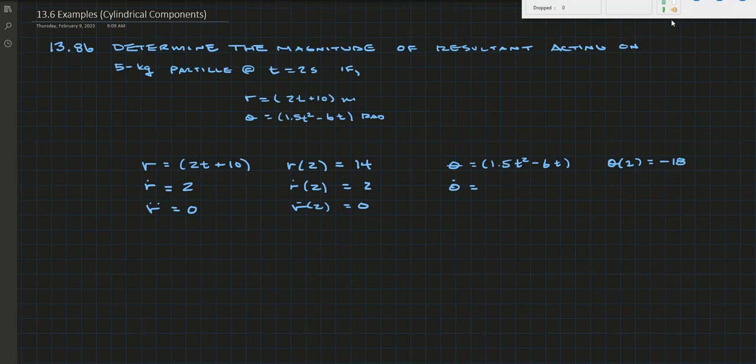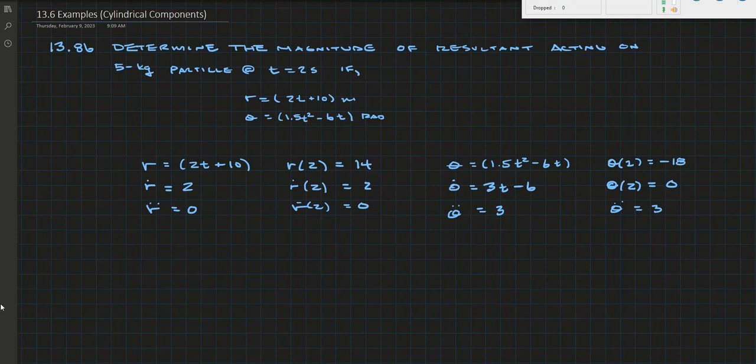Theta dot is 3t minus 6, so theta dot of 2 is going to equal 0, and then theta double dot equals 3. So theta double dot is constant at 3.